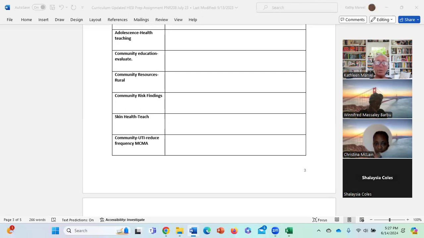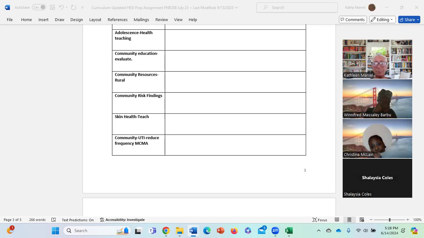When you're doing community risk findings, so you're out there doing your windshield survey, checking out the community as the community health nurse, what are you looking for? What are community risks? Chronic diseases, infectious diseases, environmental and occupational hazards, social determinants, poverty, lack of education, housing.